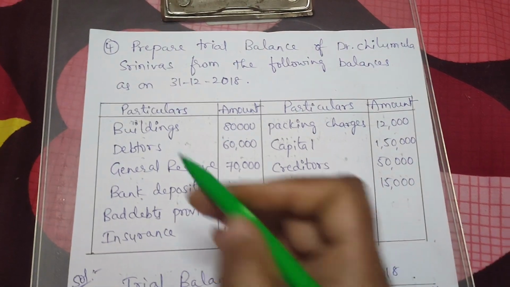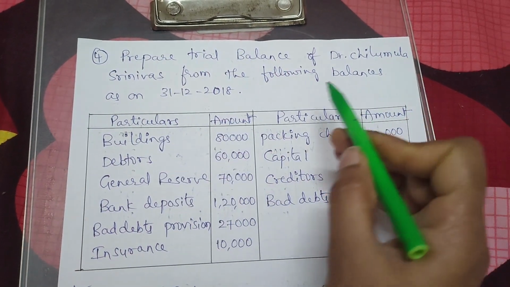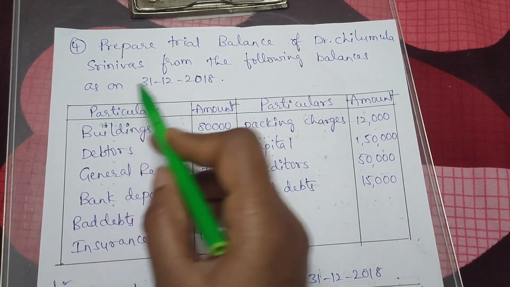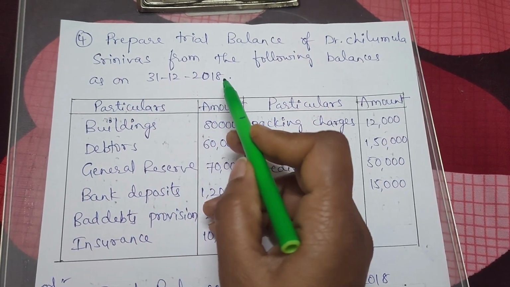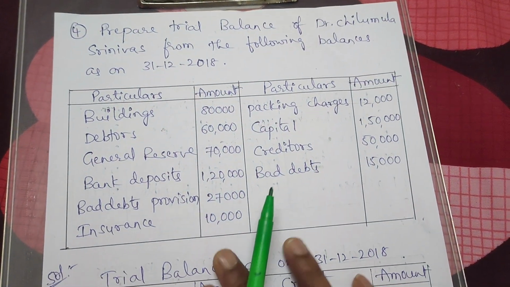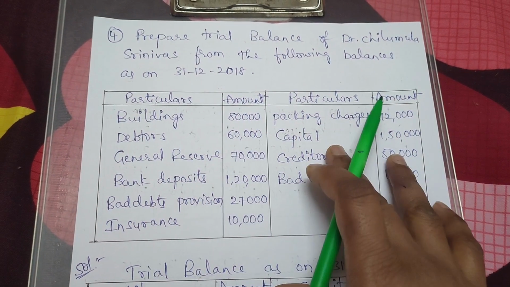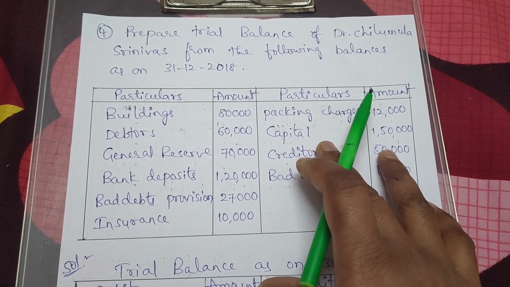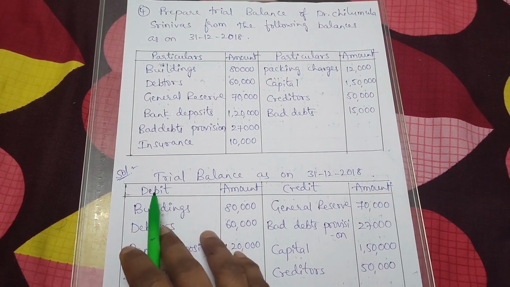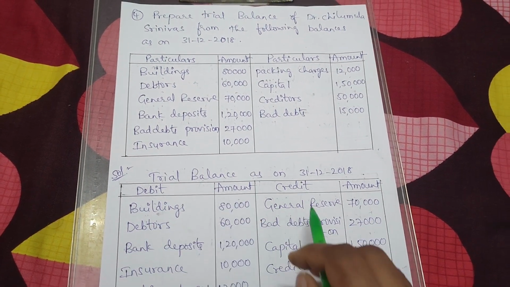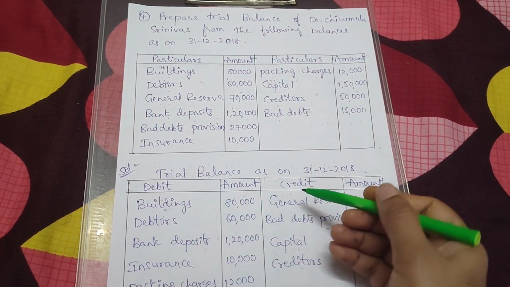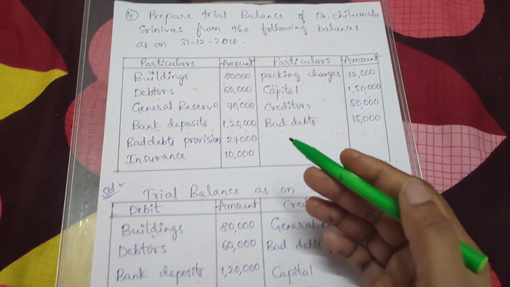So here they mentioned some items in the question, and we should pick the items and record them under the proper head. It may appear either on the debit or on the credit side. Let us see whether it will appear under debit or under credit, and let us discuss it.